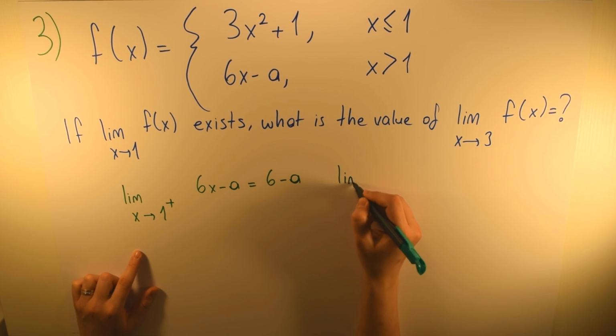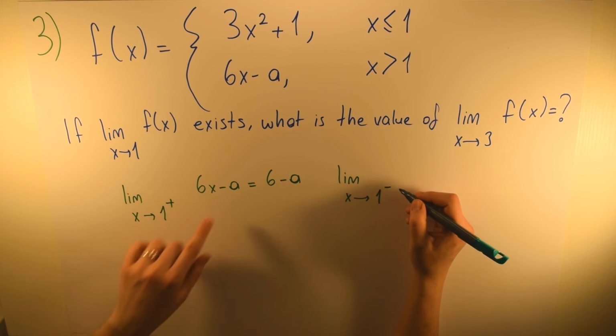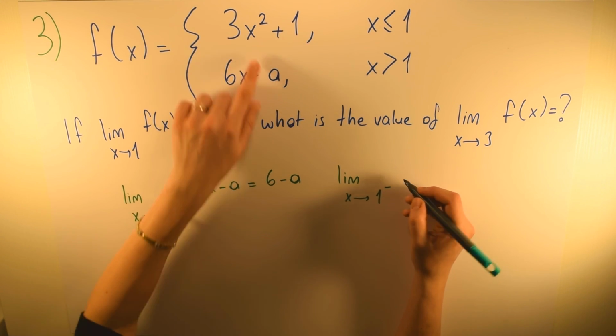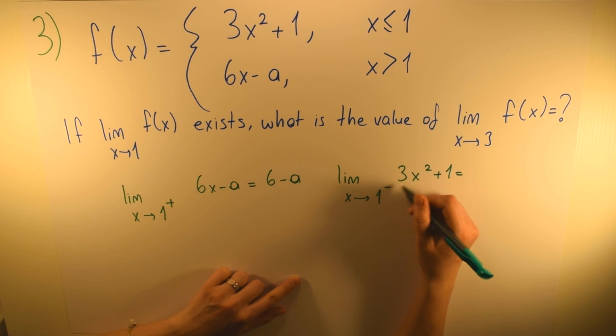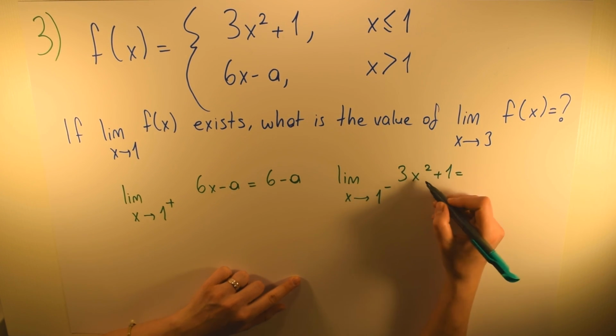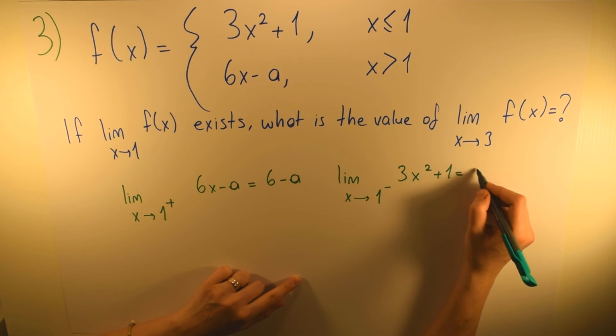And limit as x approaches 1 from the left side. So now we use this function, which is equal to 3x squared plus 1. So I put 1 instead of x here. So it is 3 times 1, 3 plus 1, it's equal to 4.